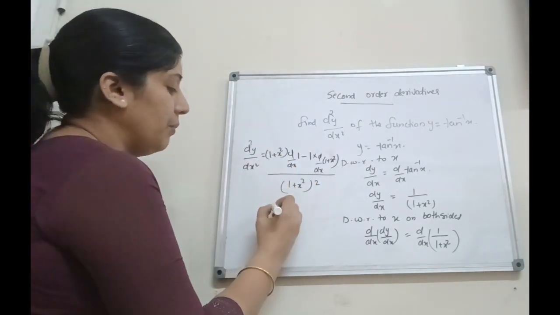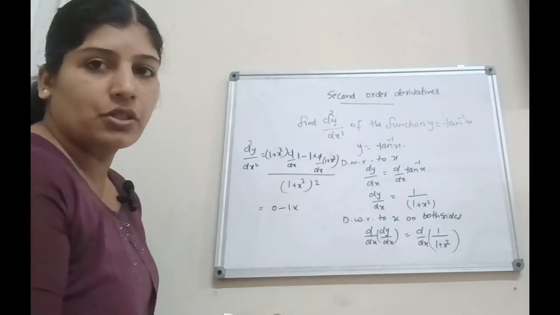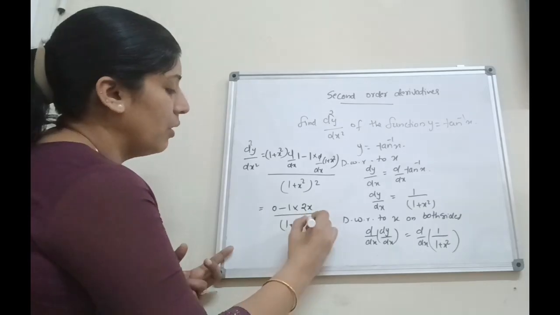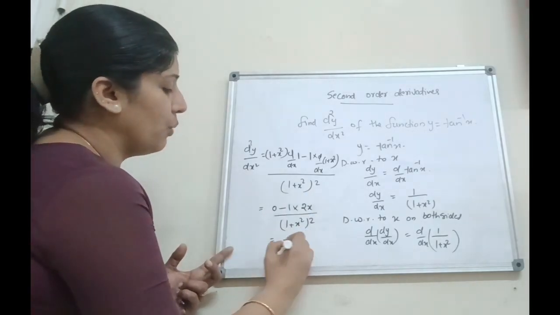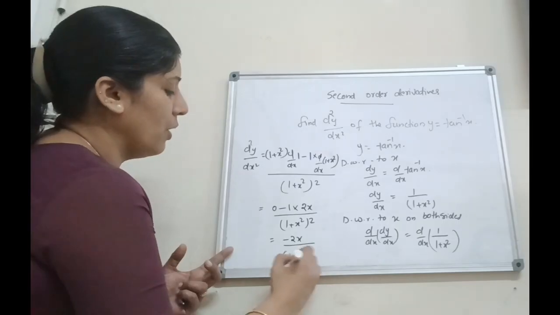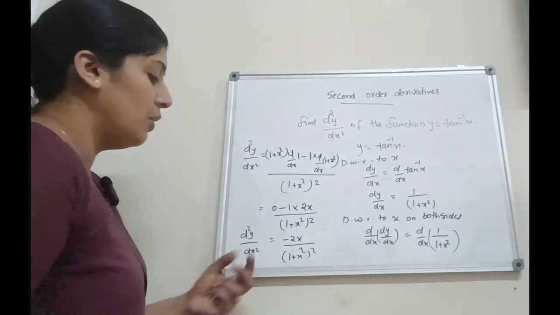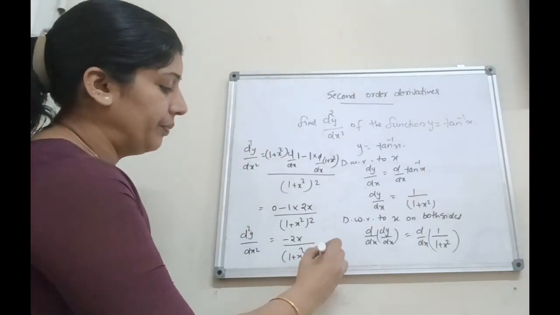Therefore, the first term is 0 minus 1 into d by dx of 1 plus x square. That is 2x divided by 1 plus x square whole square. It is equal to minus 1 into 2x. That is minus 2x by 1 plus x square whole square. Therefore, d square y by dx square equal to minus 2x by 1 plus x square whole square.